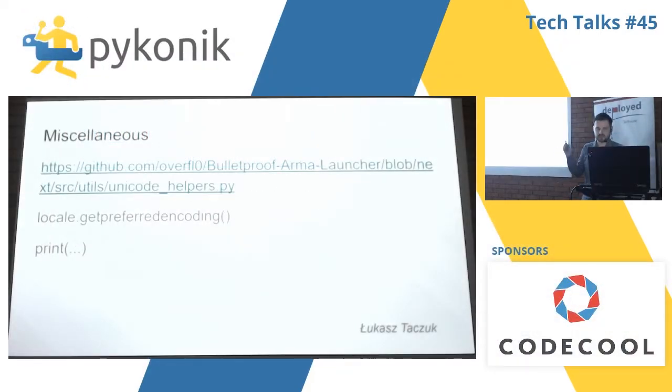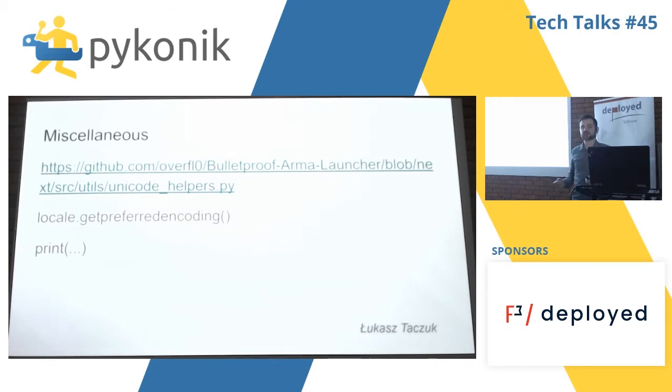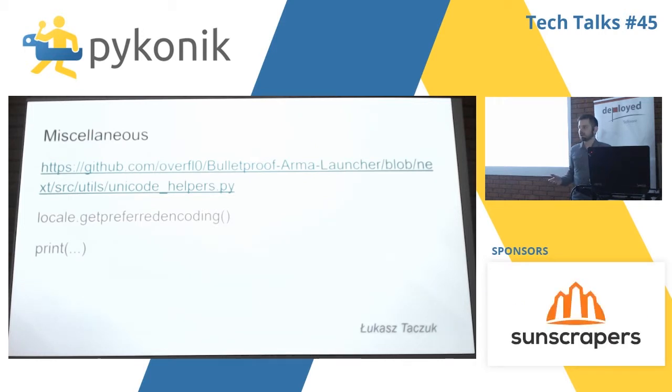Those are just thoughts that I had while doing the presentation. When you try to write something to a file in Python 3, the locale get preferred encoding is called to figure out which encoding has to be used to encode or decode file data, which was UTF-8 in Python 3 by default.